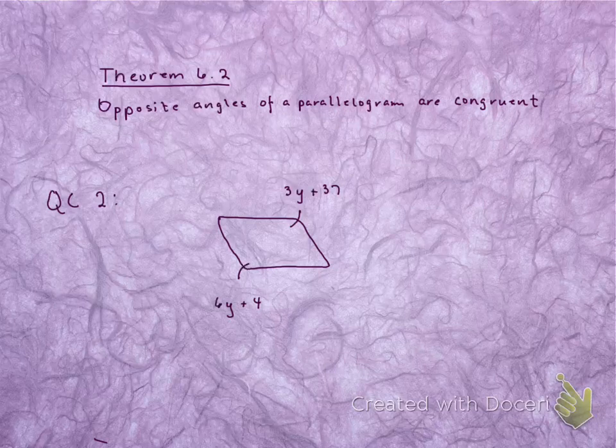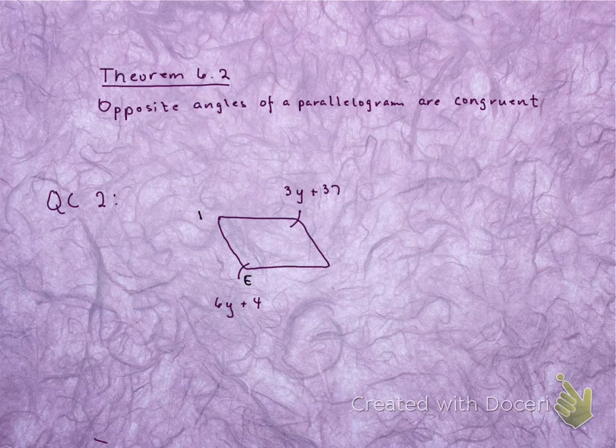So this drawing is from the Quick Check 2. It tells you that this is a parallelogram. Find the value of y in parallelogram EFGH. I just did not label it.